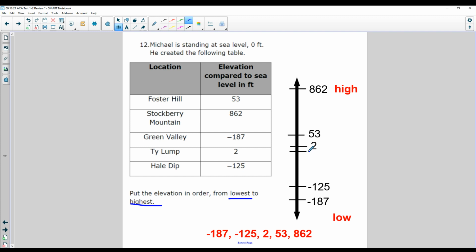I plot 0 right here. 0 is always in the center. These are below, these are above. Notice how negative 187 is the farthest from the positive side. Then we have negative 125. Then we have 2, 53, 862. So least to greatest, or lowest to highest.